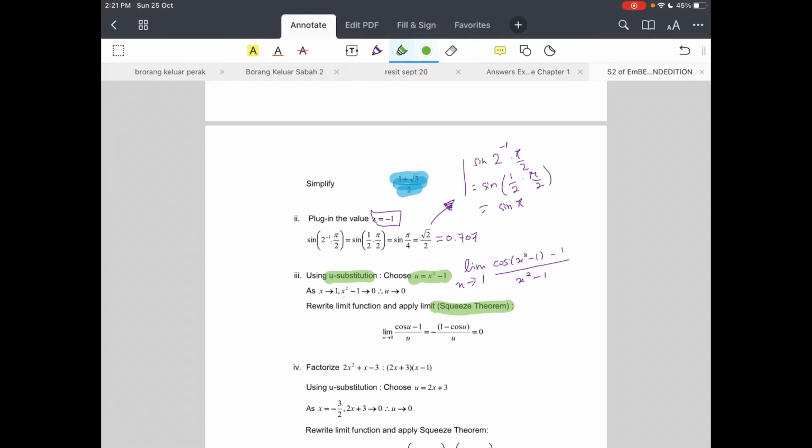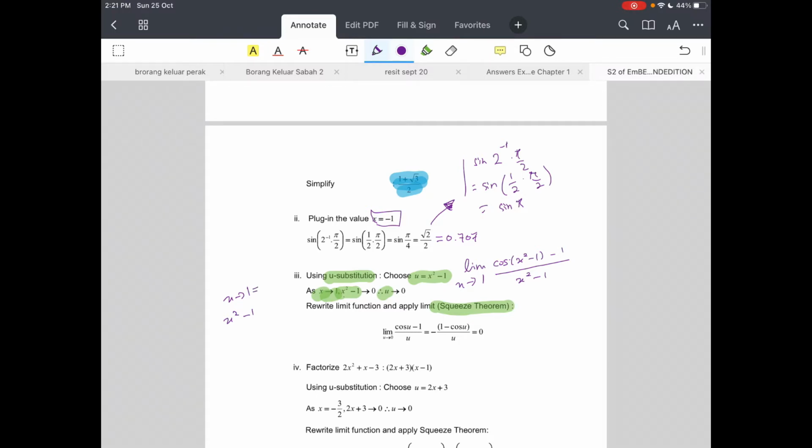Since we already changed x into u, the original was x approaching 1, so we changed it into x squared minus 1. So x squared minus 1 is also approaching 0. Why? Because x approaches 1, so x squared minus 1 will also get 0.